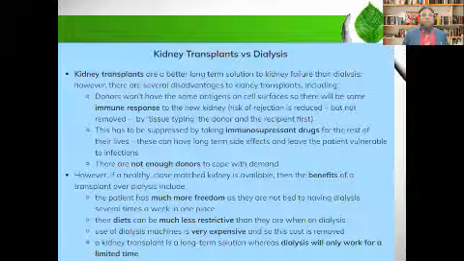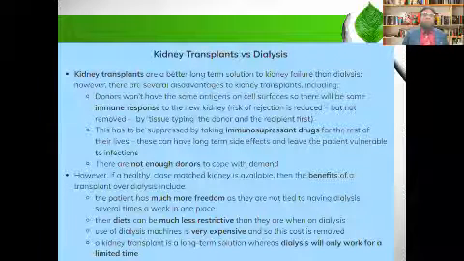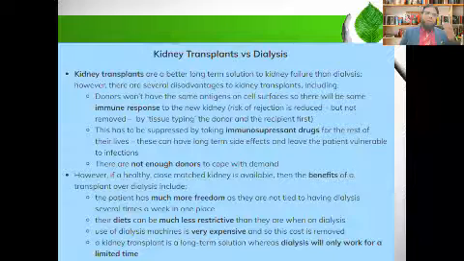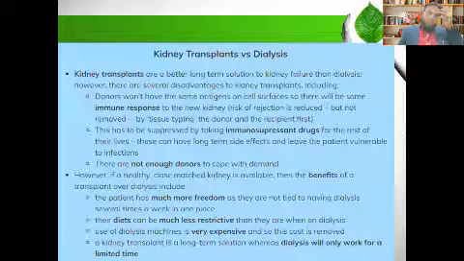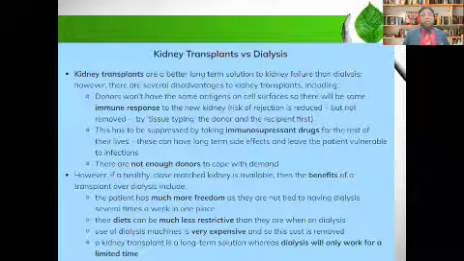Their diets can be much less restrictive than when on dialysis. If the kidney transplant is fully successful, then the person is free to take a free diet, even a proteinous diet, because during dialysis there are so many restrictions regarding the diet.